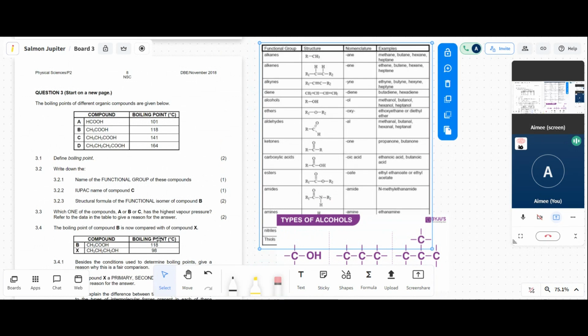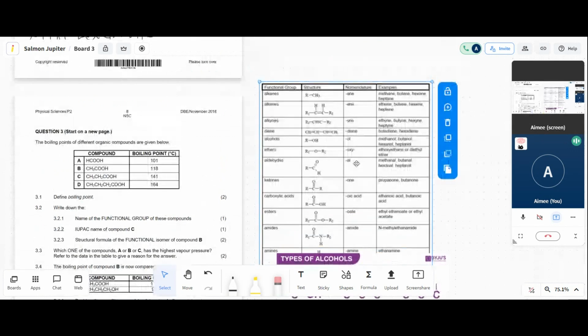Okay, now they say 3.2.2, give the IUPAC name of compound C. Okay, so again, you need to study your prefixes, you need to study your suffixes, so you know that the suffix for a carboxylic acid is oic acid. So we go and we say, okay, well, how many carbons are there? There's 1, 2, 3. And if we go back up to our prefixes, you'll see that the prefix for 3 is prop.